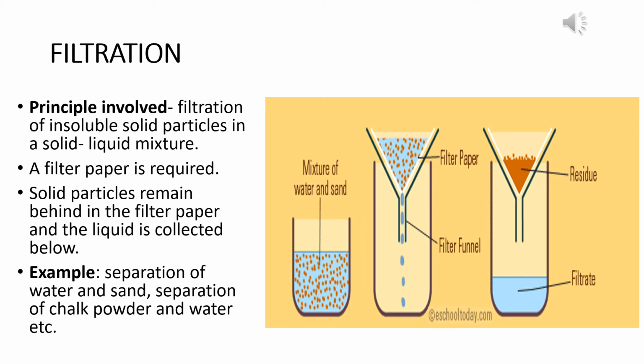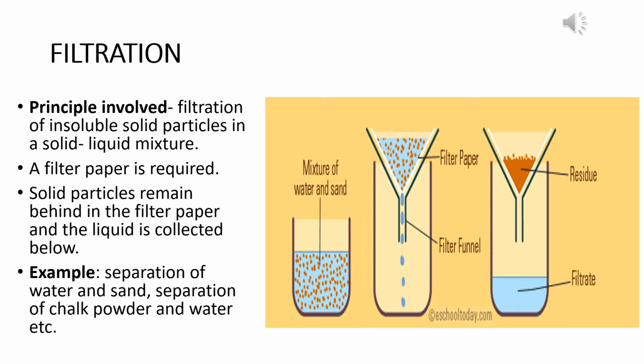So I have a mixture of water and sand. Now we know that the sand particles are not soluble in water. So I will take one long glass jar and I will keep one funnel in the mouth of the glass jar, and I will put the filter paper inside the funnel. Now I will pour the mixture of water and sand onto the filter paper through the funnel.